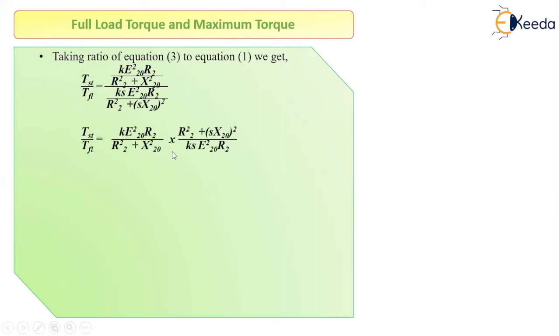Now again let us take the cross multiplication. So TST by TFL is equal to K E20 square R2 divided by R2 square plus X20 square multiplied by R2 square plus bracket Sx20 square divided by Ks E20 square R2.